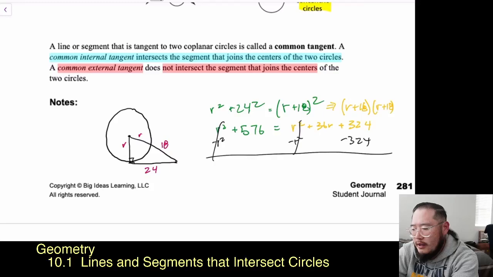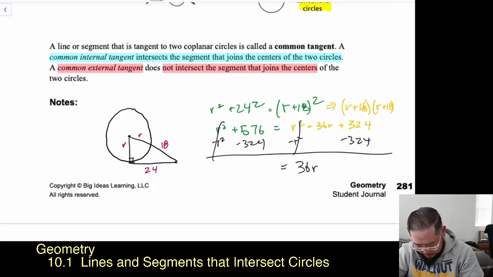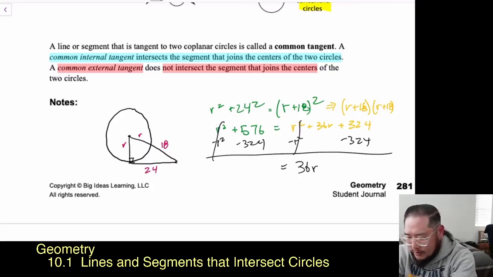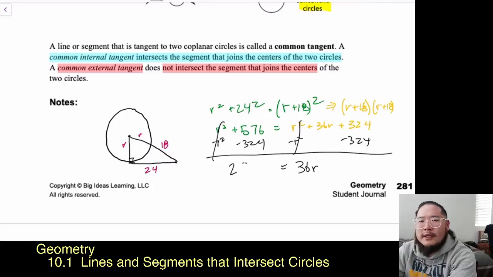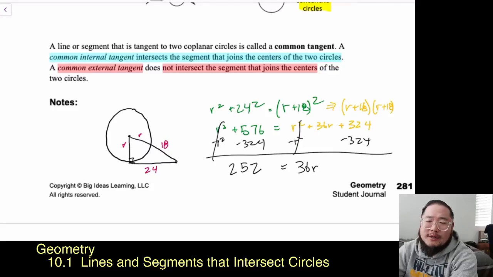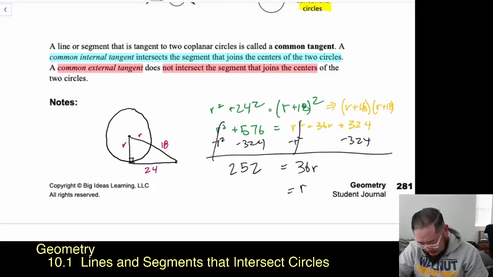And so we got 36r is equal to 576 minus 324, which is 252. And so last but not least, we divide both sides by 36, and r is equal to a nice number of 7. And you figured out what the radius of the circle is.